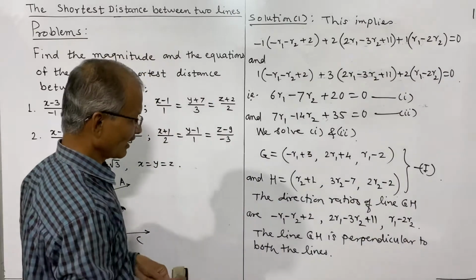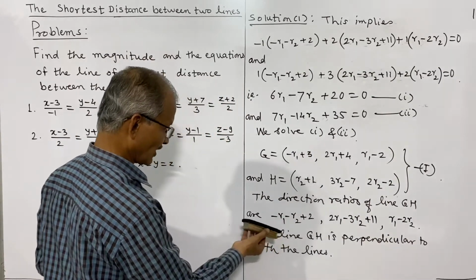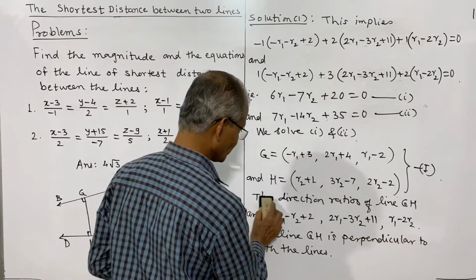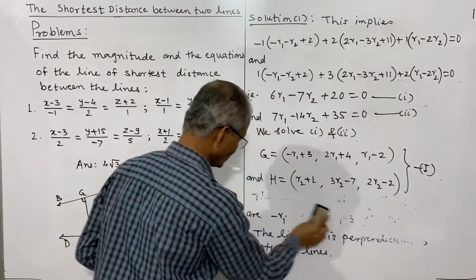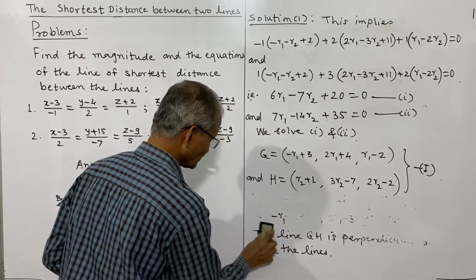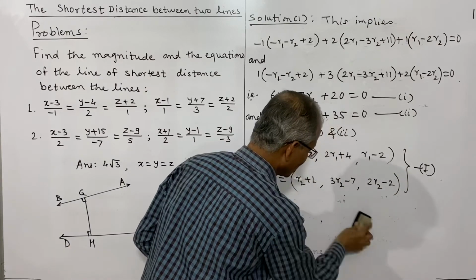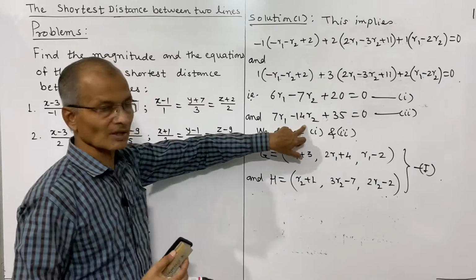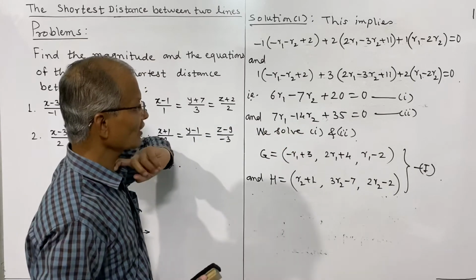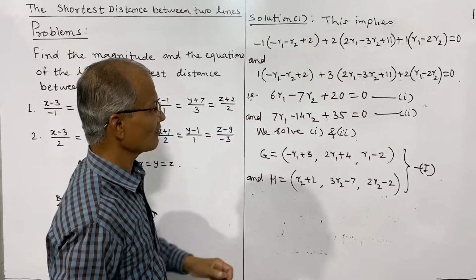Now how to solve 1 and 2? The direction ratios we have written here. Now see the first and the second equation. To solve the first and second equation, we shall make their coefficient equal, either R1 or R2. Here it is minus 7, here it is minus 14.